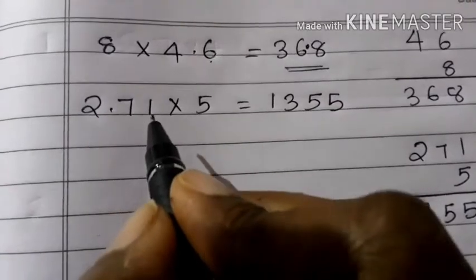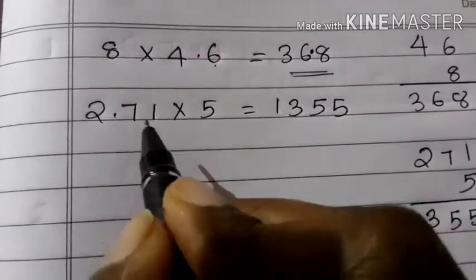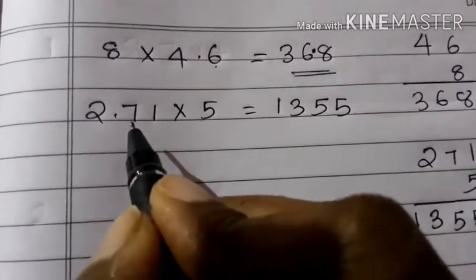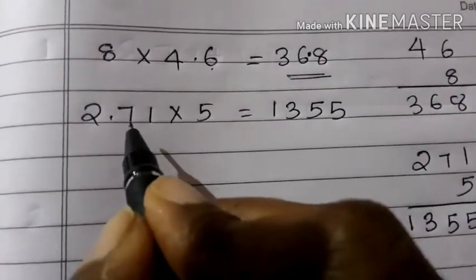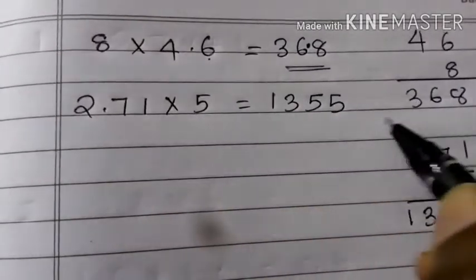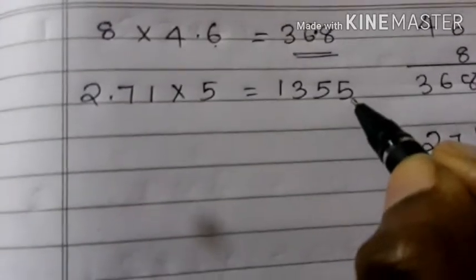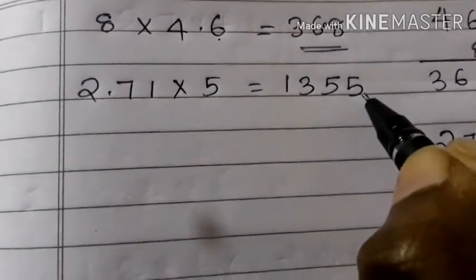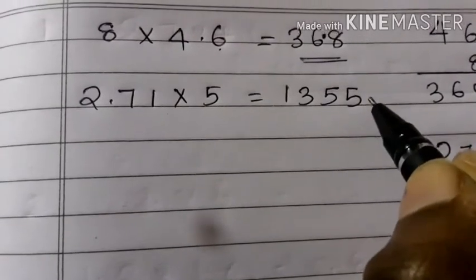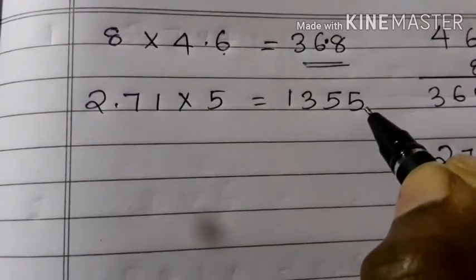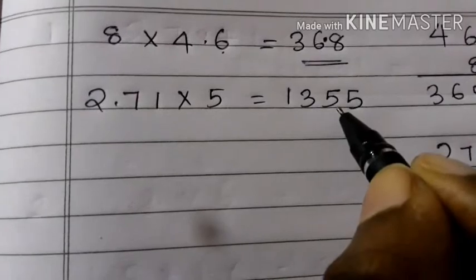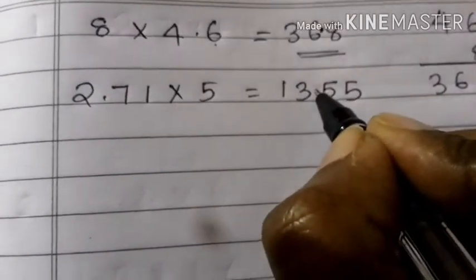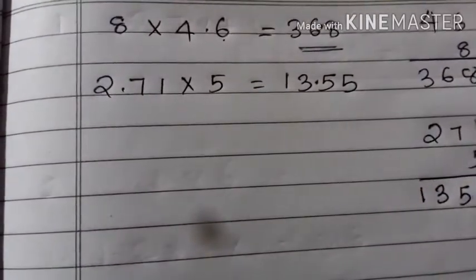So we count the decimal from the right. 1, 2. Here are 2 digits. So in the answer also we count the digit from the rightmost number. Then count 1, 2. Okay. So the decimal point here.